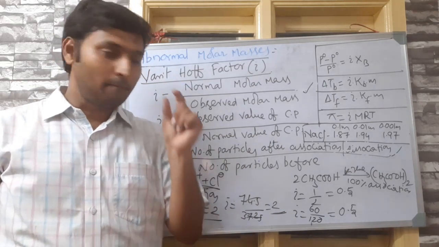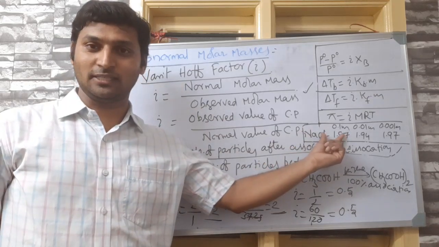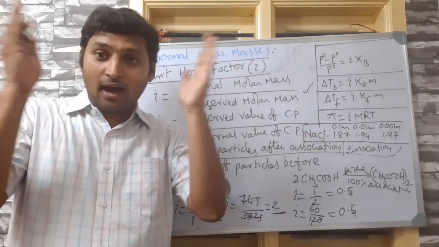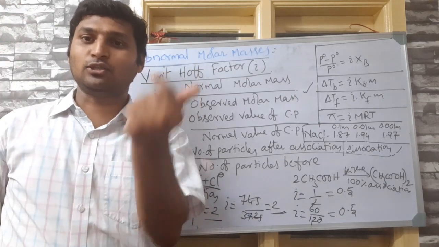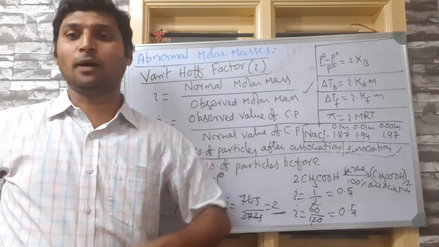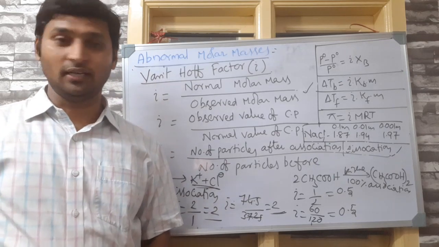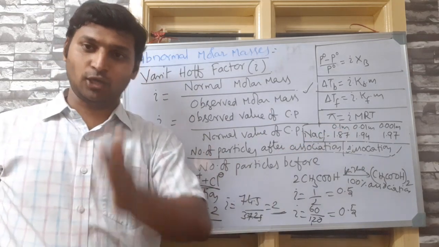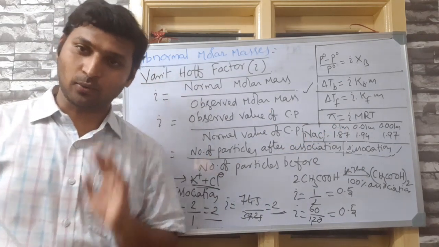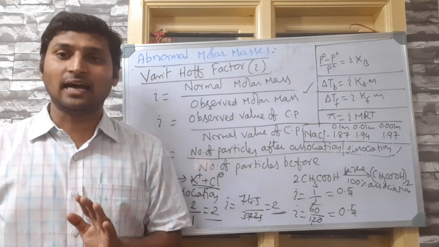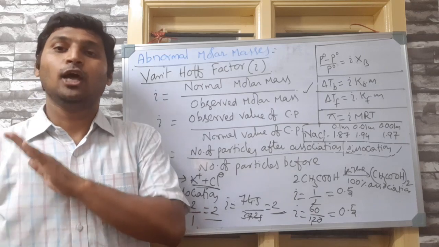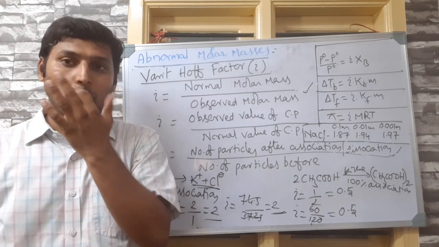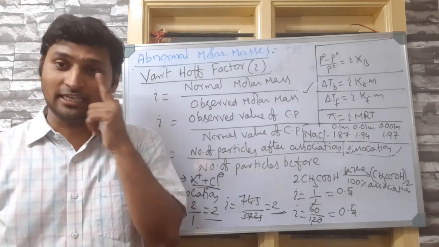Is that clear? Please note this point, because numericals which might appear very large can be solved just like that, by looking at the options in entrance exams especially, if this concept is very clear in your mind. Practically, no electrolyte, whether strong or weak, would undergo 100% dissociation.